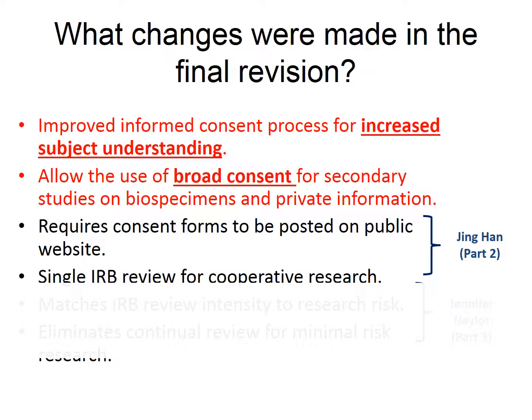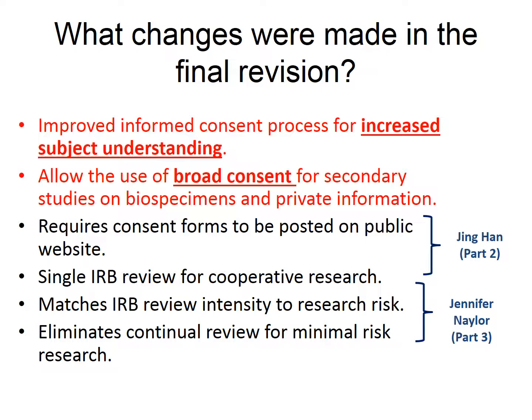Jing will be discussing the requirement of consent forms to be posted on public websites, and the use of a single IRB review for cooperative research. Jennifer will be talking about the way that the revisions tried to match the IRB review intensity to the risk associated with research, and the elimination of continuing review for minimal risk research.